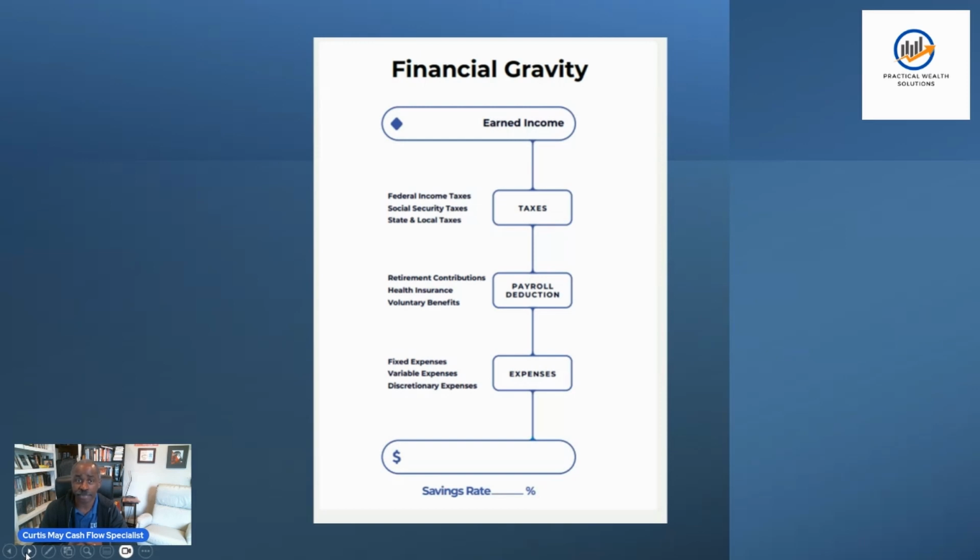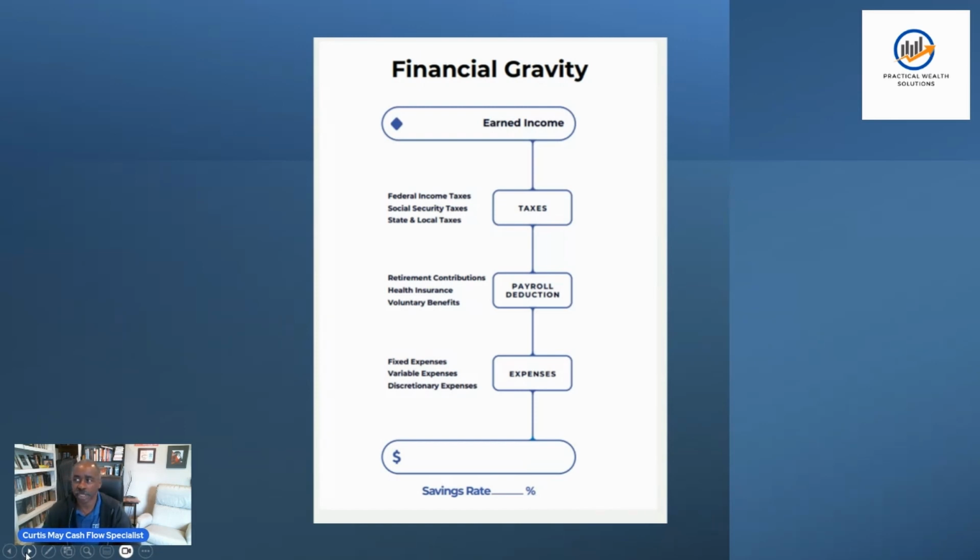Federal, Social Security, state and local taxes, union dues, all that stuff is coming out before you see it. Then you've got your payroll deductions coming out: retirement contributions, health insurance, voluntary benefits, all that stuff. Now it hits your account. So now you've got fixed expenses, variable expenses, discretionary expenses, and maybe, just maybe, you can save a little bit.